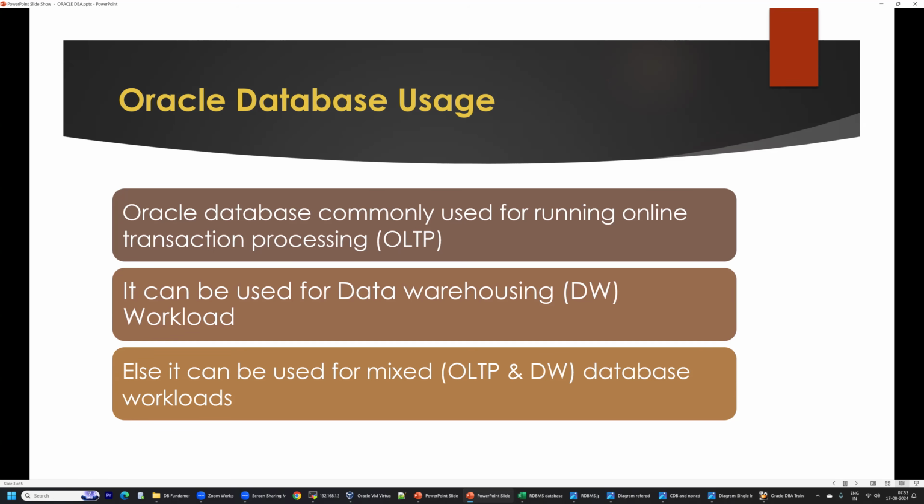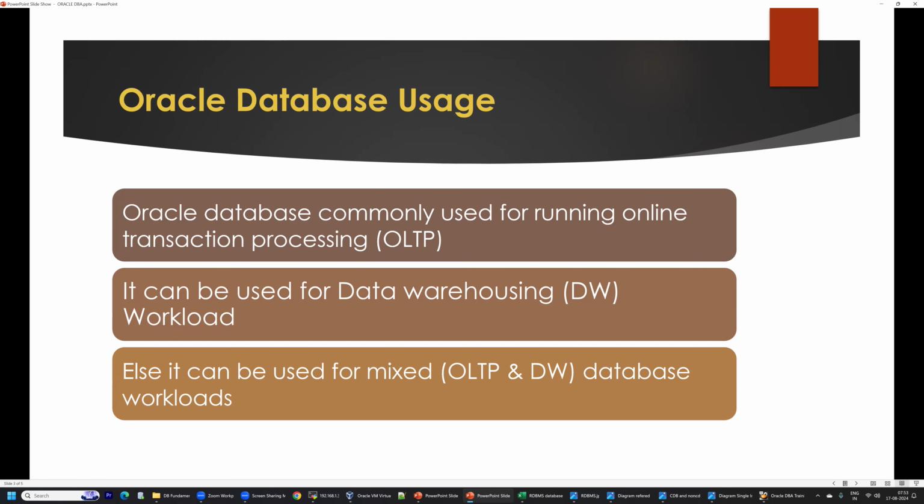They analyze the user behavior, and then accordingly they try to generate some new data sets. So when we have a large amount of data and, using complex queries, we try to access results, that kind of data category comes under the data warehousing workload.